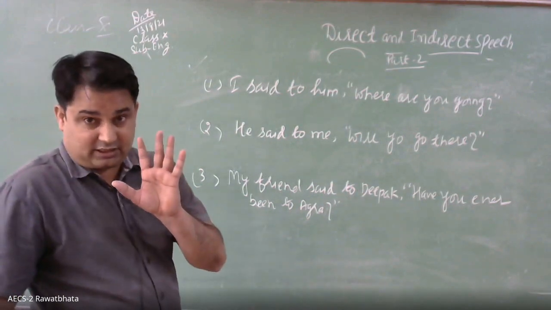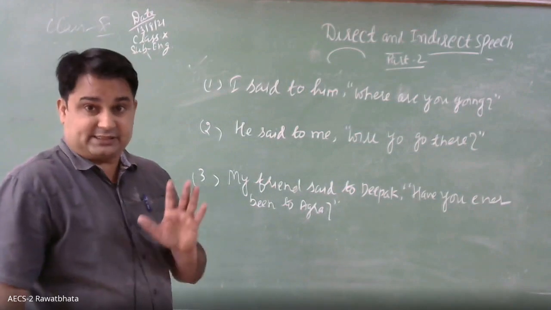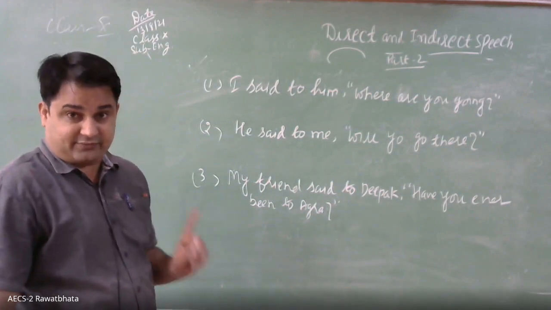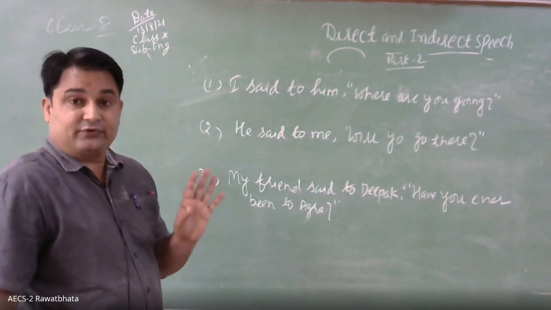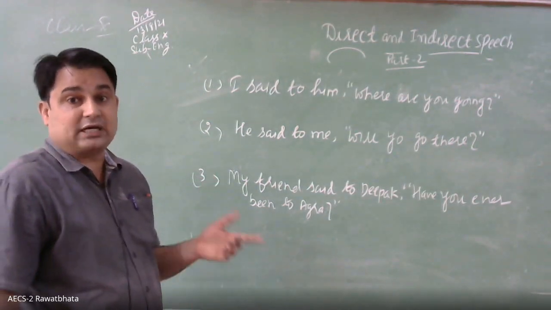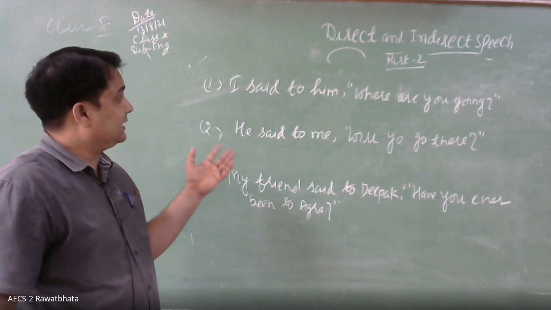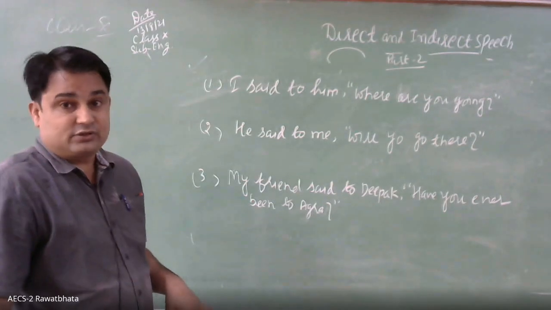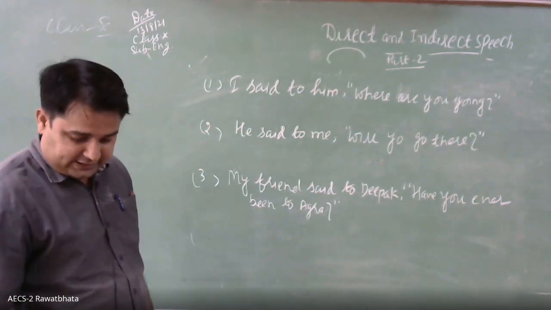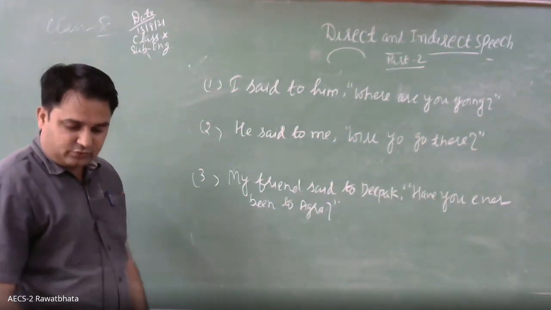This is a question. This is not a statement. And for interrogative sentences, rules are different. In place of said, you have to use asked or inquired. So it is, I said to him, where are you going?